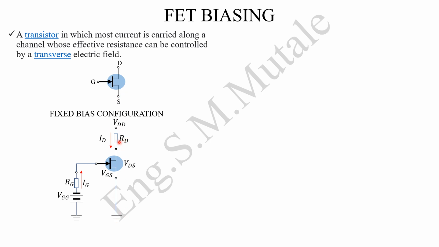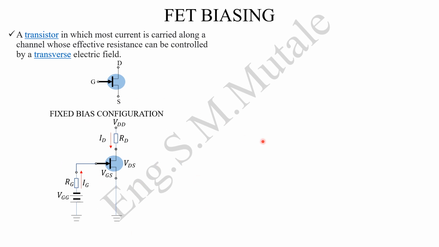There is a resistor on the drain, RD, and the current flowing through the drain is ID. Then there is a resistor on the gate, RG, with current IG flowing through it. There's a voltage between the gate and the source, VGS, and a voltage between the drain and the source, VDS. So a fixed bias configuration circuit looks something like this.